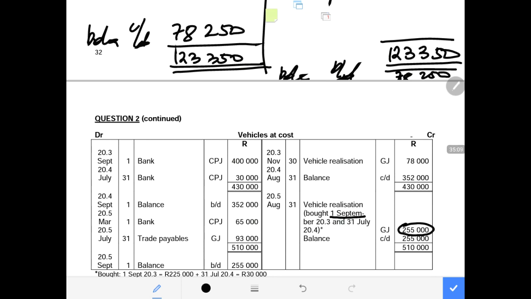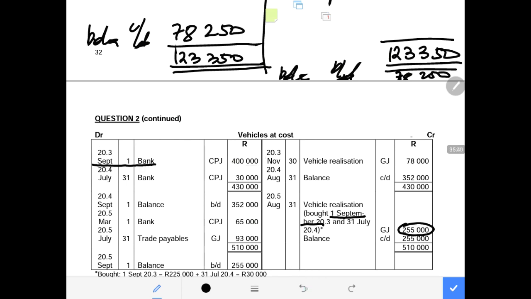Let us look if there was any purchase on that date. On the 1st of September, which year? 2003. 1st of September 2003. Let us check that. On the 1st of September 2003, there was a purchase of the motor vehicles, and they cost the company 400,000 rands.